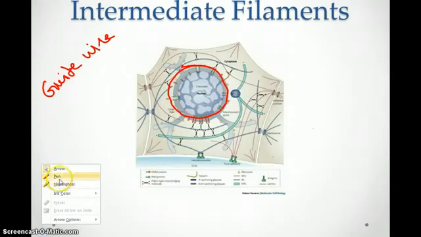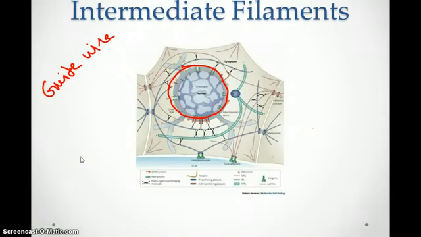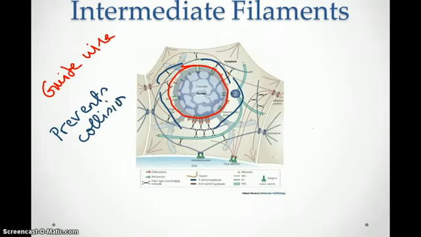The guide wire, the intermediate filaments around it right here, prevent the nucleus from just sliding through the cytoplasm, so it prevents collisions within the cell and maintains where the organelles are within the cell.